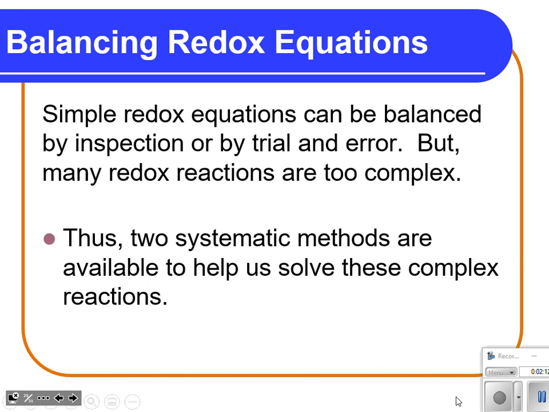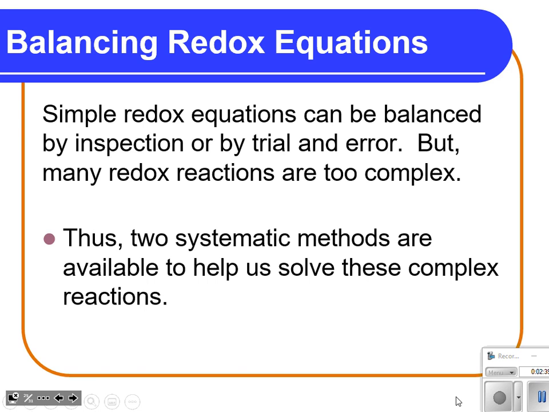However, these redox reactions are somewhat more complex. They could have multiple products, multiple reactants, so it's not real easy to balance. Thus, we use two systematic methods to solve these complex reactions.